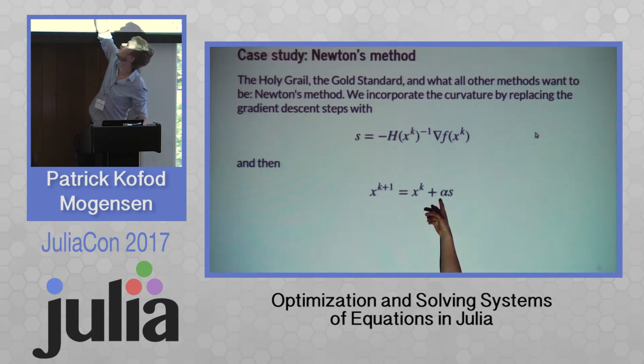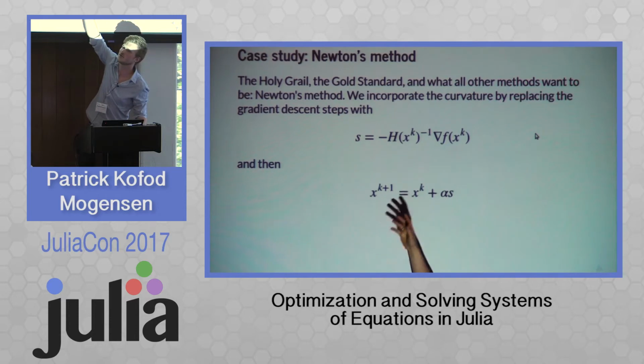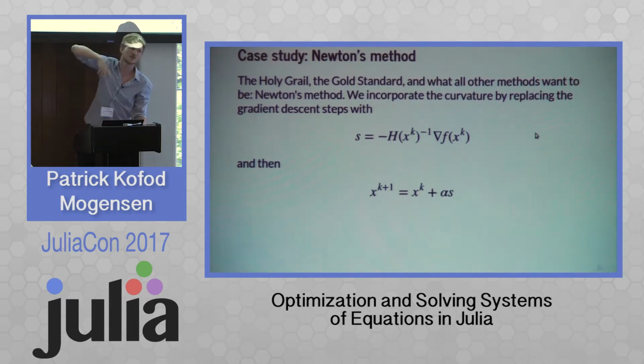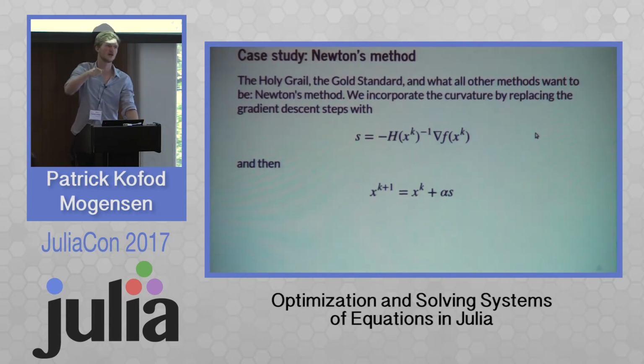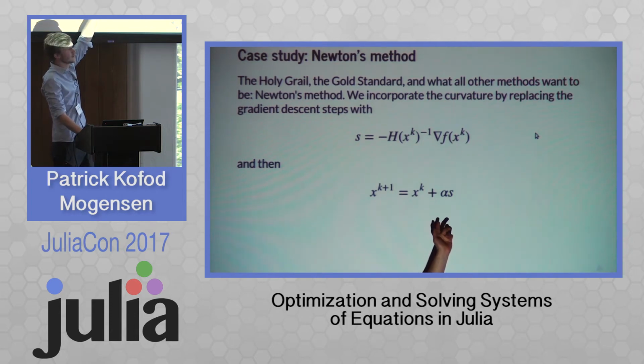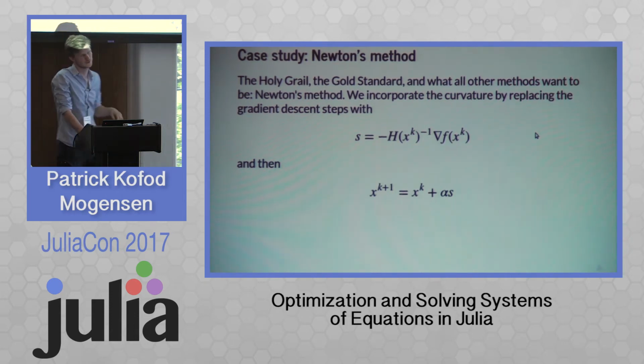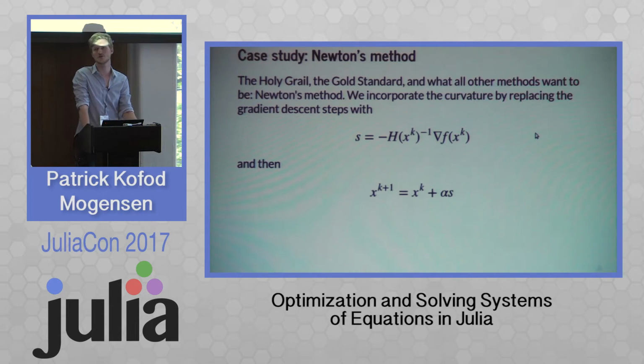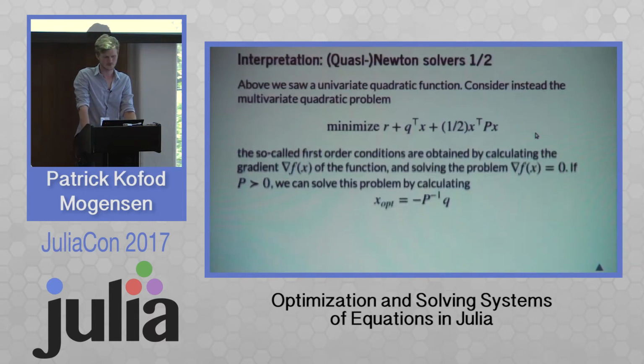We allow the method to change alpha to see if we can, without updating the Hessian, which is expensive, find a good candidate for our next xk+1. If you omit the line search, then there are a lot of problems where this won't converge. So it's quite important, and we will try to see what happens if we change the line search algorithms for some specific problems later. Okay.